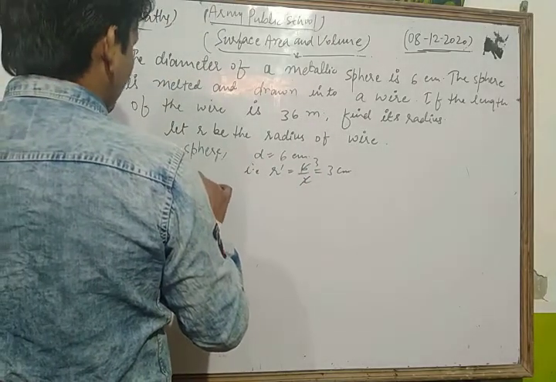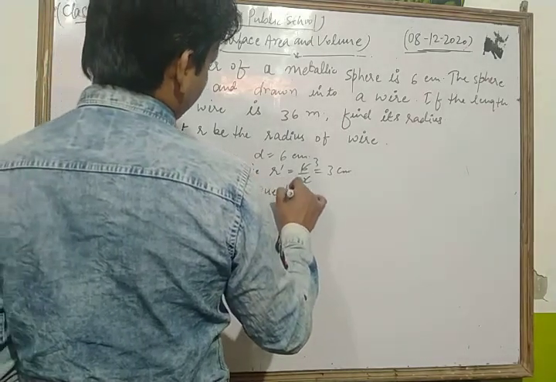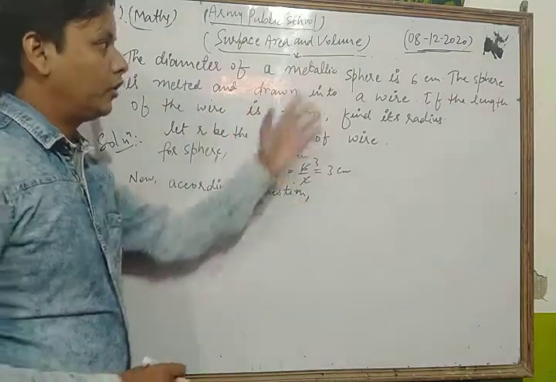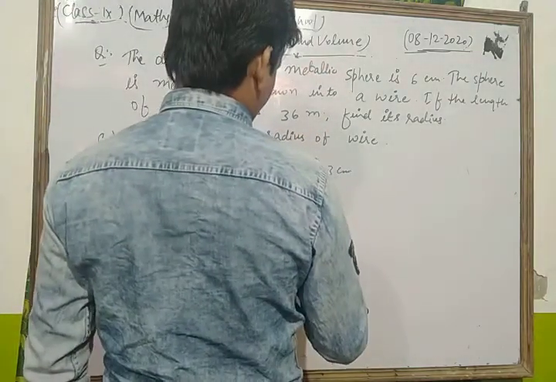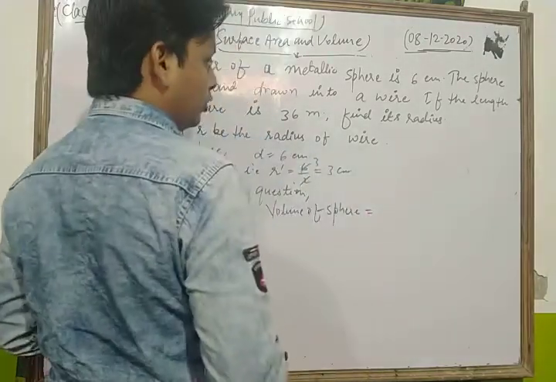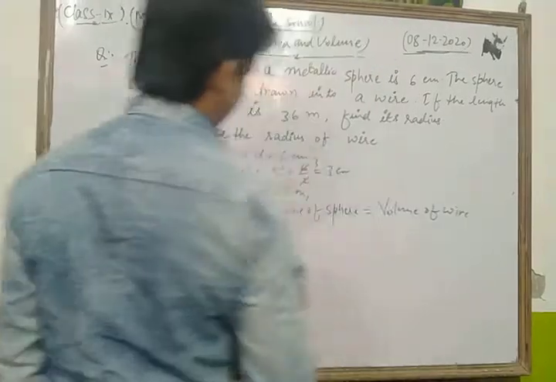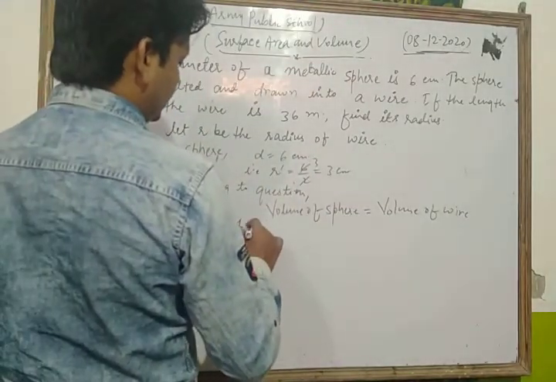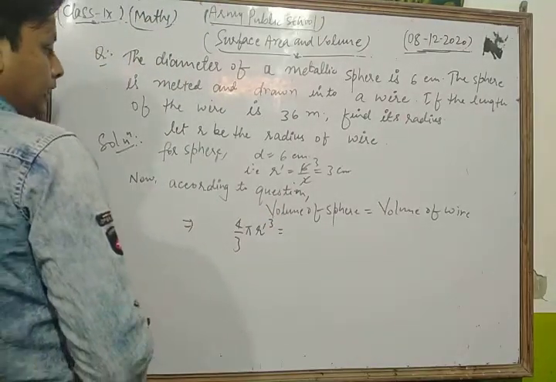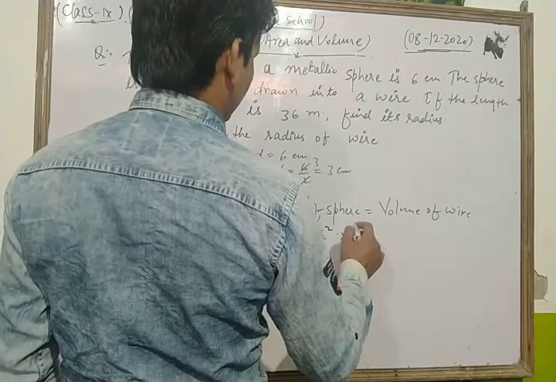According to the question, the volume of the sphere is the same as the volume of the wire. The volume of the sphere is 4 by 3 pi R dash cube, equal to the volume of the wire, which is pi r square into h.